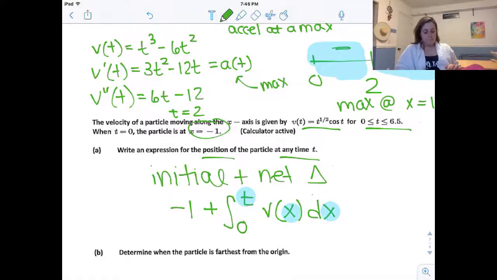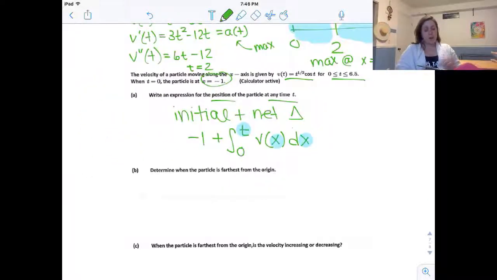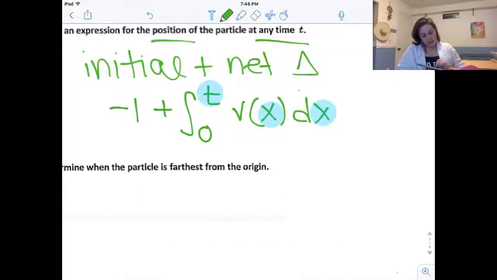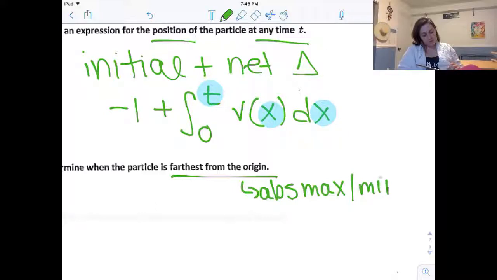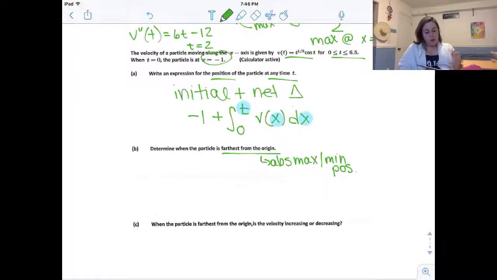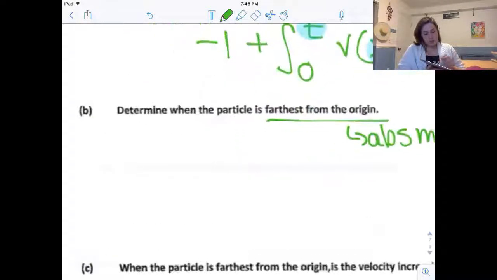All right. Determine when the particle is furthest from the origin. So this is going to be the same kind of thing. We're going to look at the absolute max min position. So I'm going to find my critical values, plug those into my calculator, plug the function in my calculator and look at it.